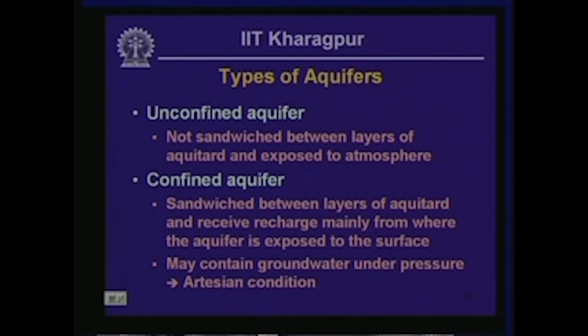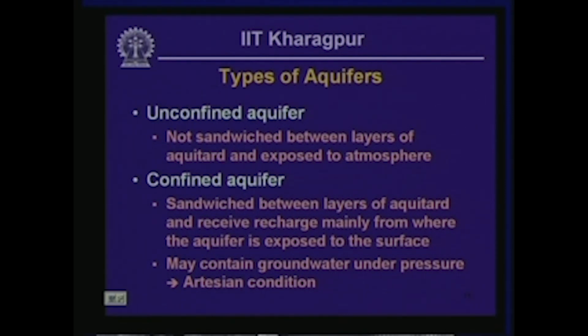Then the second type of aquifer that we consider here is confined aquifer. Confined aquifer is essentially a water bearing layer which conducts groundwater relatively easily, with the groundwater flowing relatively easily, and this particular aquifer is sandwiched in between layers of aquitard.